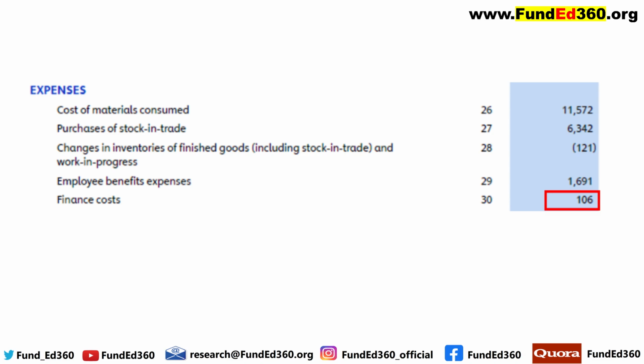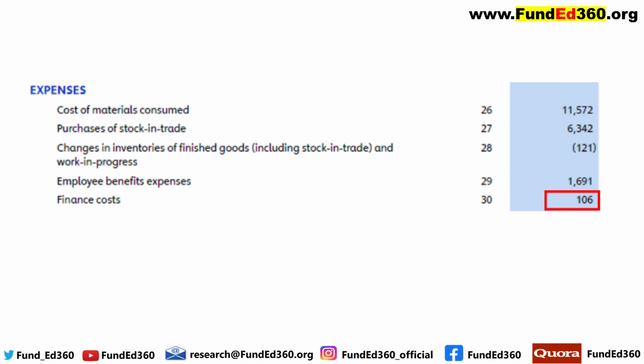You have to deduct the depreciation and amortization from this figure. Then you will get EBIT as 8,662 crores. Now that we have EBIT, from there you can find the interest coverage ratio. What we did is 8,662 crores divided by 106 crores. Then you will get 81.72.